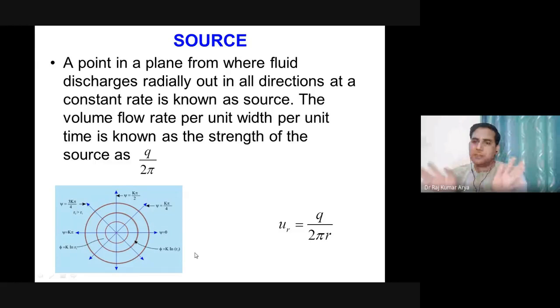The value is the same, only the sign is getting changed. Therefore, each ring is called an equipotential line. It's phi, which is purely a function of r only. And whatever is coming out from the center is your psi. That's your streamlines. So streamlines are going outside from the center only. So this is for the source case.